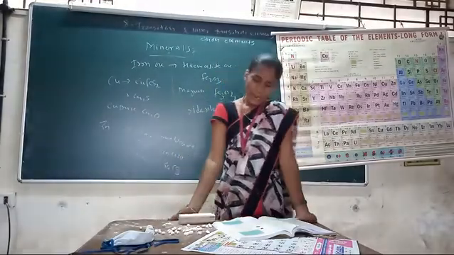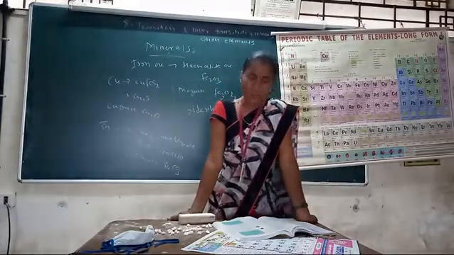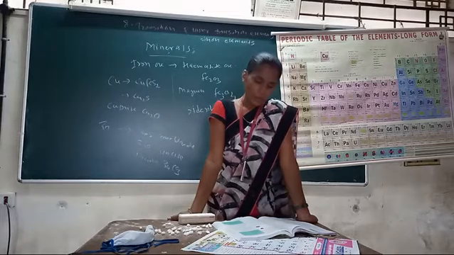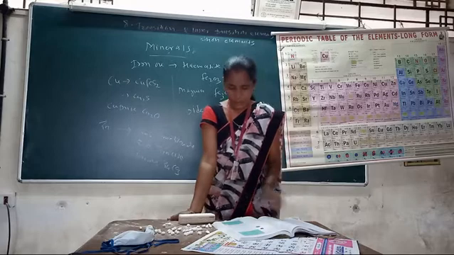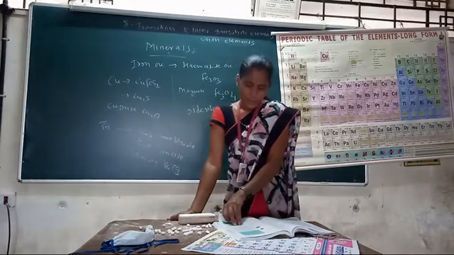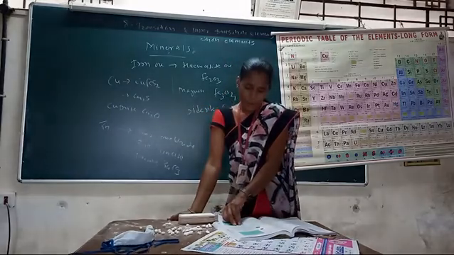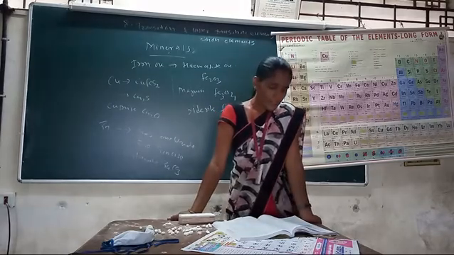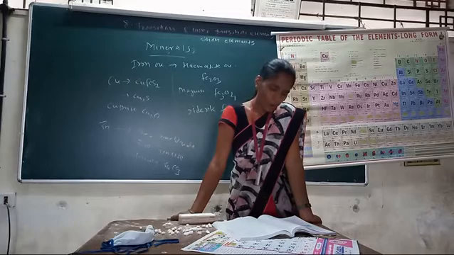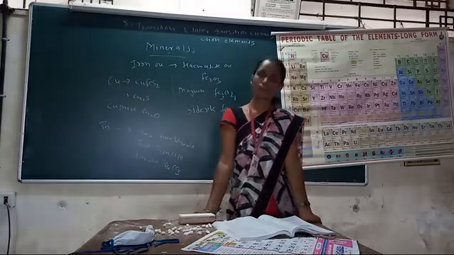Then the next point of this chapter is metallurgy, and the metallurgy point is also skipped from the syllabus for this year. That is pyrometallurgy, hydrometallurgy, electrometallurgy. Again, the next point is extraction of iron from hematite ore in blast furnace.